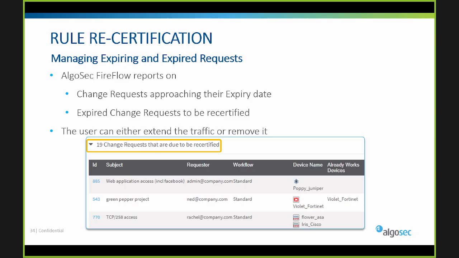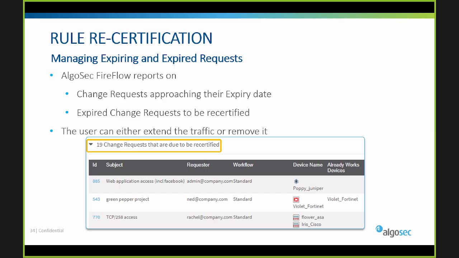Okay, I ran into a couple of use cases for this. Let's say you have an outsourcer and they're working on some project for you and they need access to one of your servers to work on the project. They're creating some application and it's supposed to take 6 months. So you would create a rule for the outsourcer to access the server, but you would put a 6-month expiry on it.